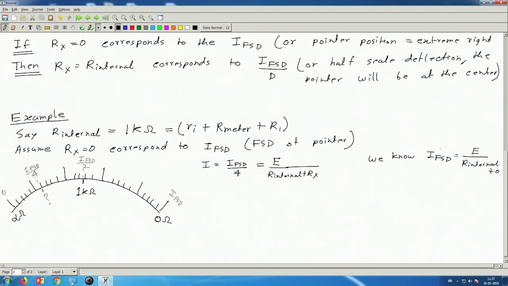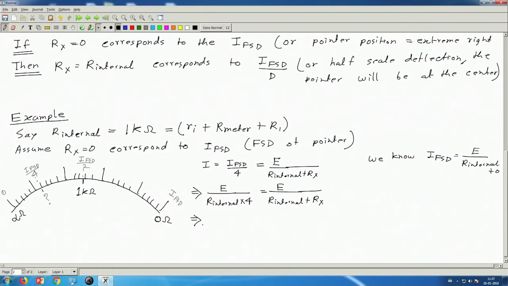Now, using this equation, in place of IFSD we write E divided by R internal, and this divided by 4 should be equal to E divided by R internal plus Rx.